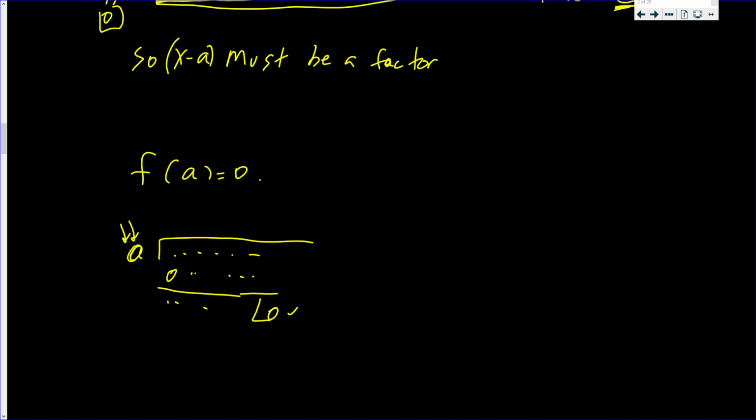If you plug in a and you get back 0, then you found the root. That is why when you find the list of possible rational roots, you test each one out and see whether or not you get a 0. If you get a 0, all is good. If you don't get a 0, try another one.